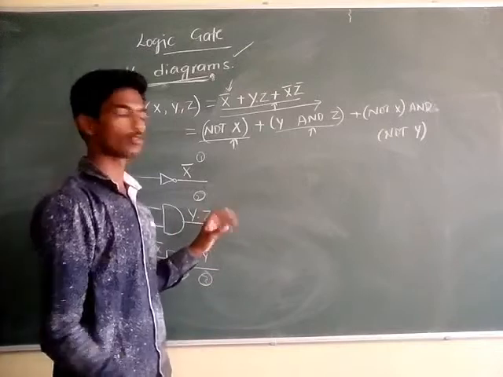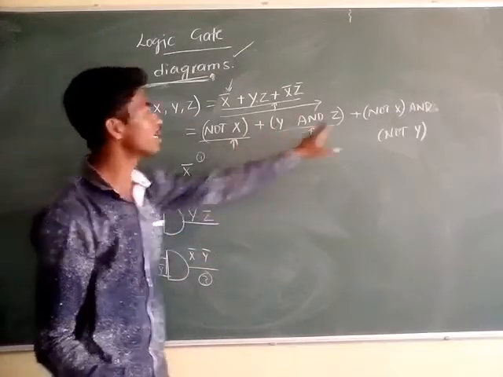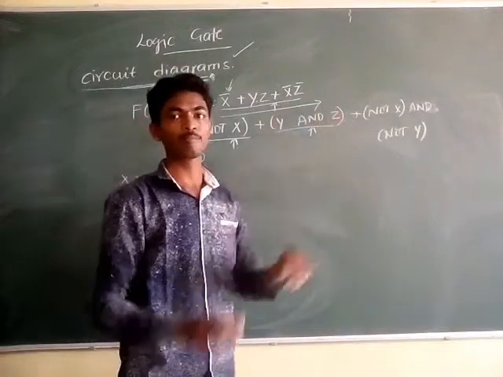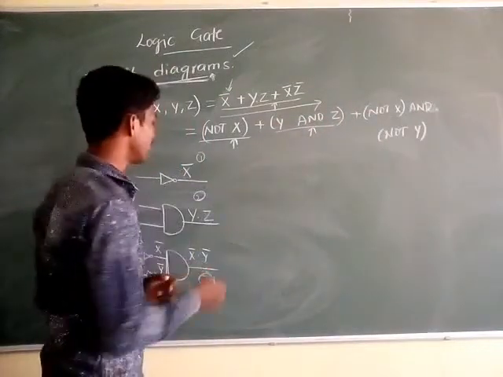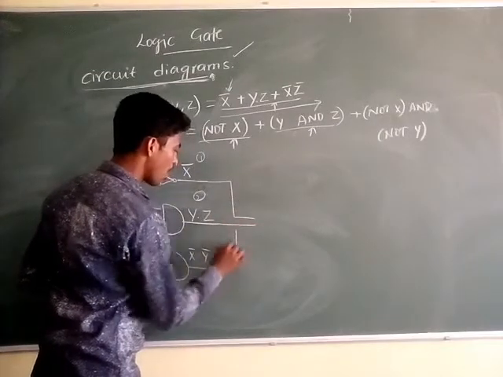This is the output of these gates, but these are the inputs for another logical OR operation, or else we can say an OR gate. Just connect these three to the OR gate.